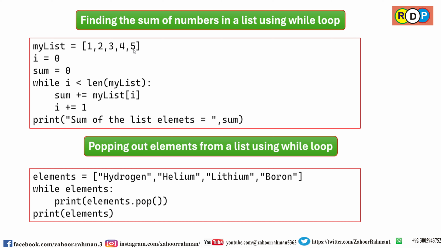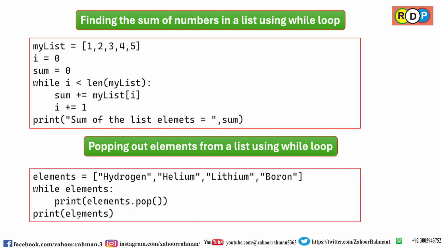For example, with 1, 2, 3, 4, 5, the 5 will get out and only 1, 2, 3, 4 will be left. In the next iteration, 4 will get out, and only 1, 2, 3 will be left. So this will print in this particular way.